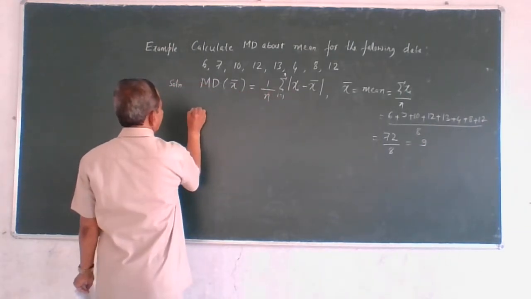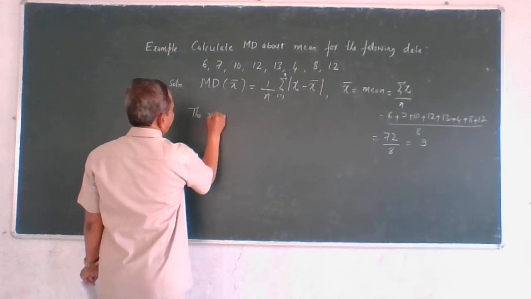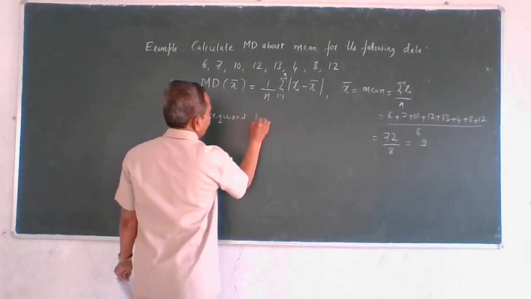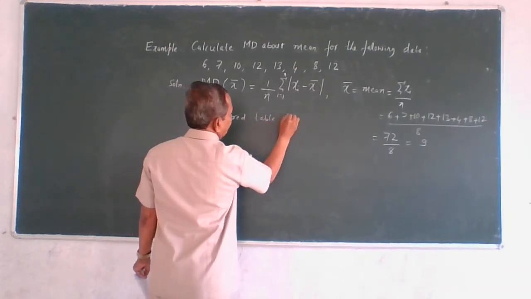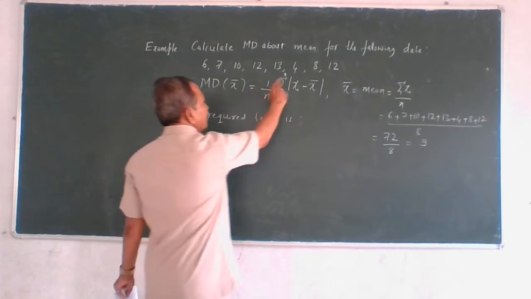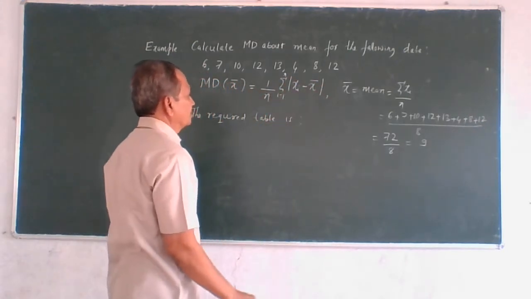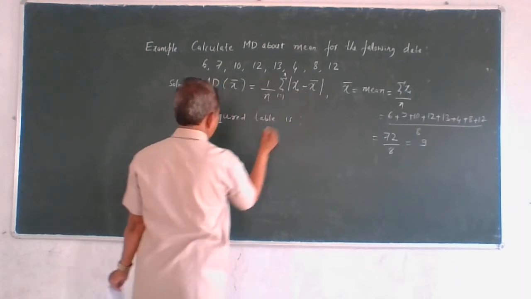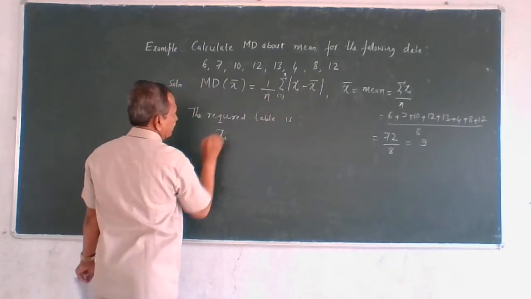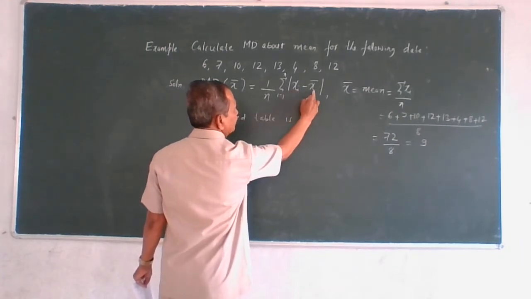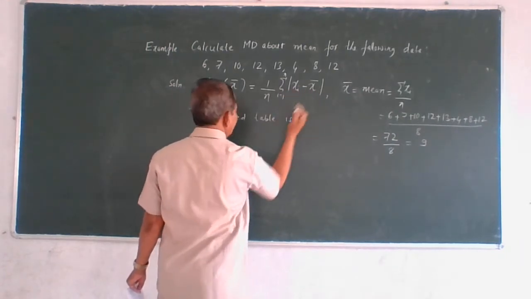What do we require? The required table. To calculate this, which columns do we require? First, xi. Next we require xi minus x bar, and modulus of xi minus x bar.